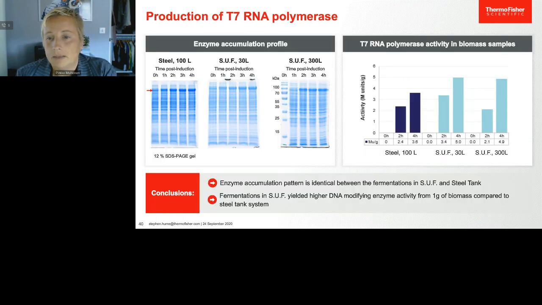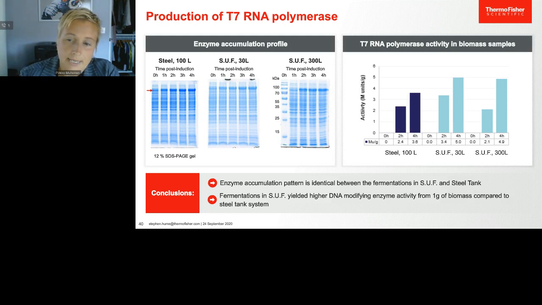And on this slide, I wanted to show how the high-performer single-use fermenter performs when compared to stainless steel fermenters. In this case, T7 RNA polymerase, which is the key polymerase in mRNA synthesis, has been produced in our 30-liter and 300-liter high-performer single-use fermenter in comparison to a 100-liter stainless steel reactor.